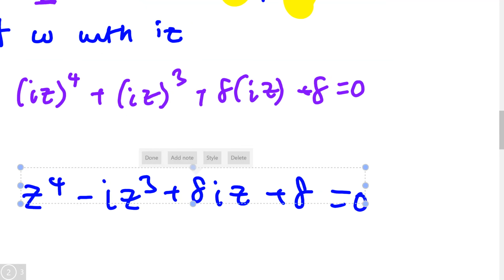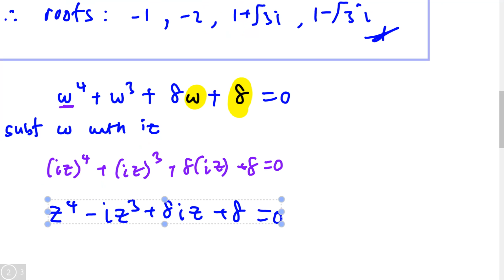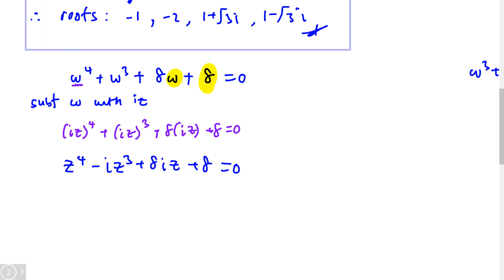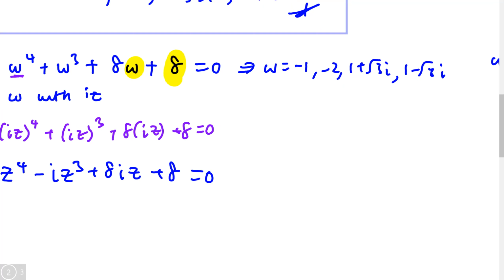So it just means that since you replace w with iz, from the previous equation you know that w has roots -1, -2, 1 plus root 3i, and 1 minus root 3i. Since iz replaces w, iz equals these values. To find z, you just divide by i.